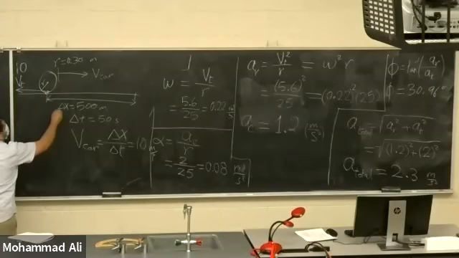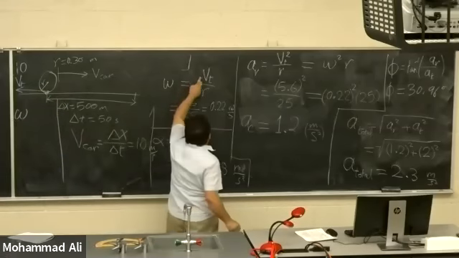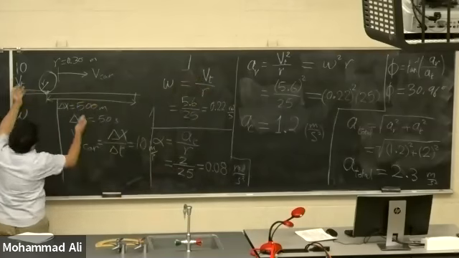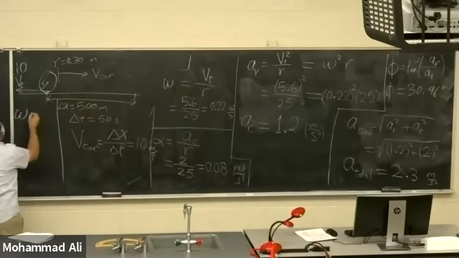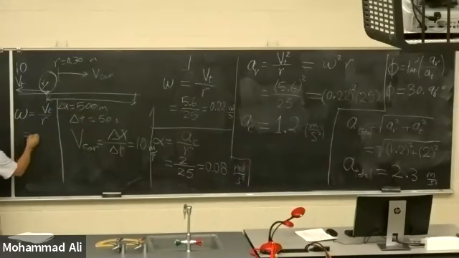Now, we can find omega for the tire. Omega is V tangential over the radius. V tangential we find from computing the velocity of the car. The radius is given, it is 30 centimeters. V tangential is 10, the same as that one.